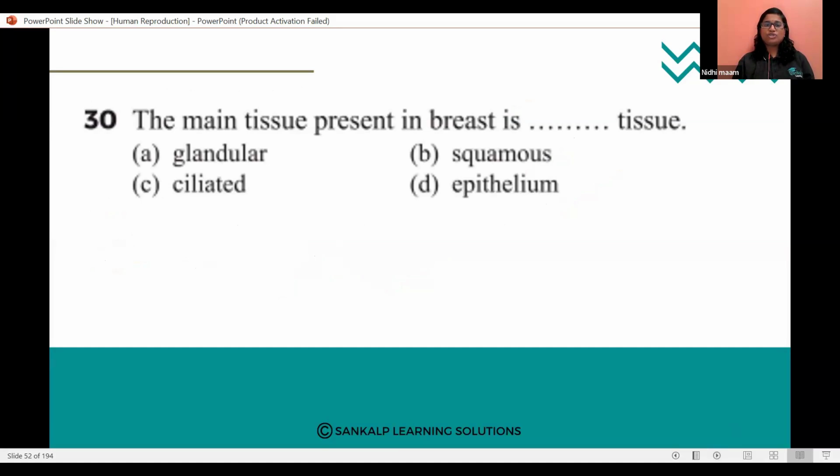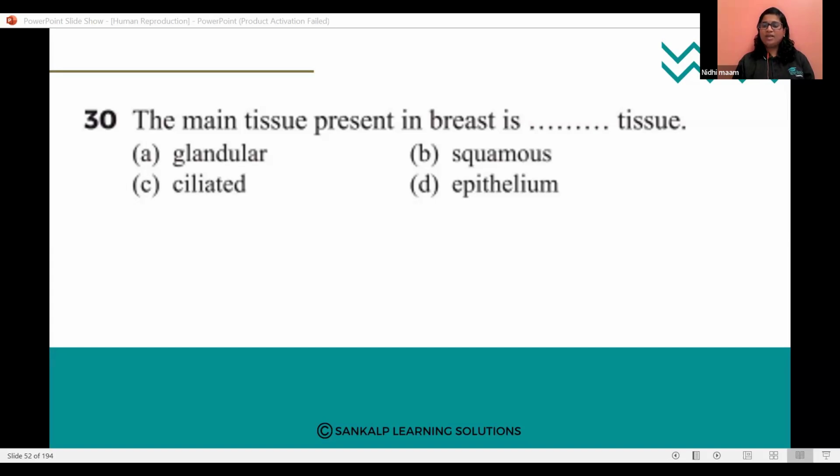Which tissue is present in the breast? Anita, Kirti Shri, Hema Patil, Pavitra and Lubna answered it.